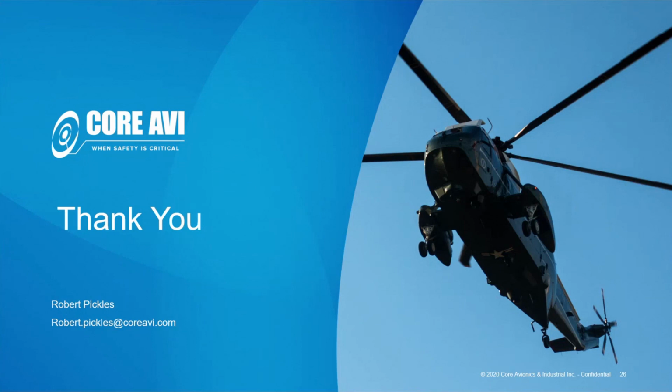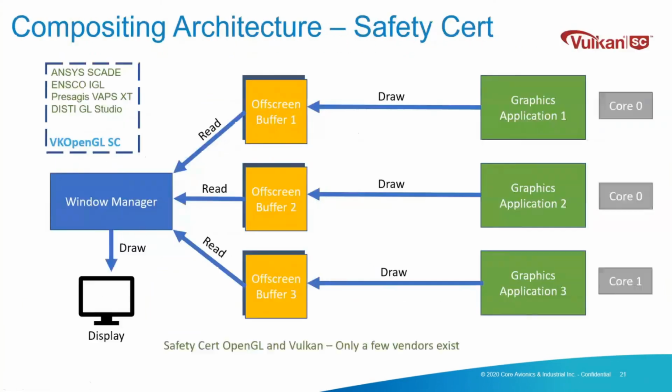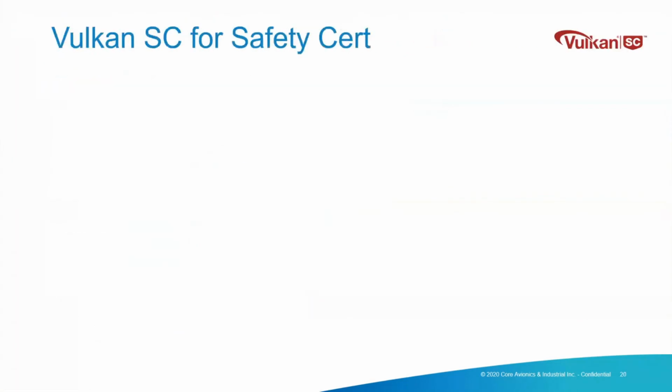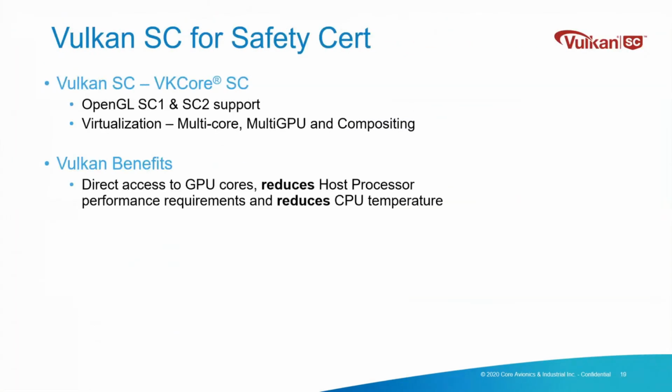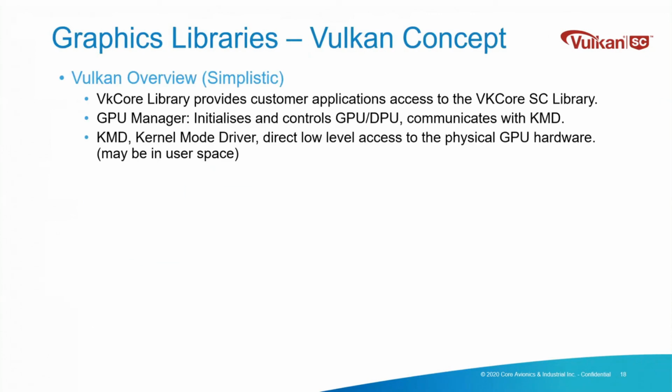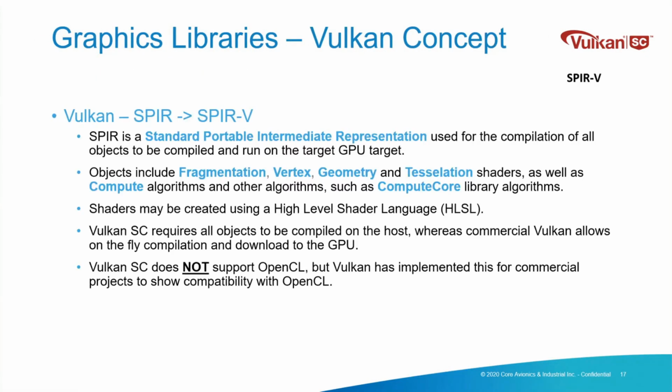Yeah, so let me just move back a little bit. As I mentioned before, we talk about Vulkan and we talk about OpenCL. So we see down here that OpenCL is being used with Vulkan because this standard portable intermediate representation allows OpenCL objects to be downloaded to the GPU.